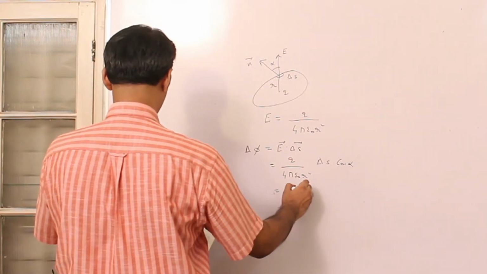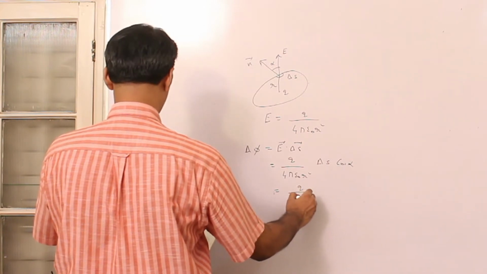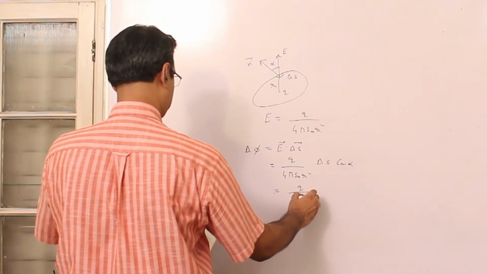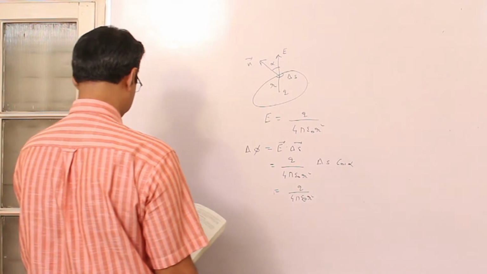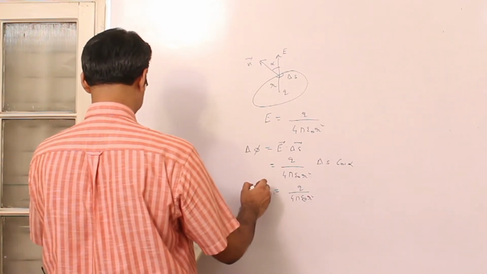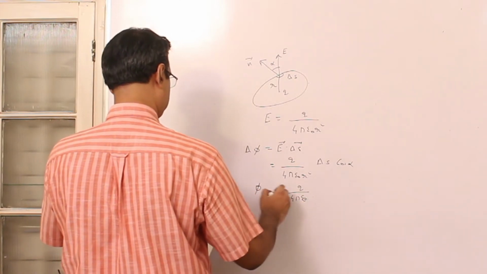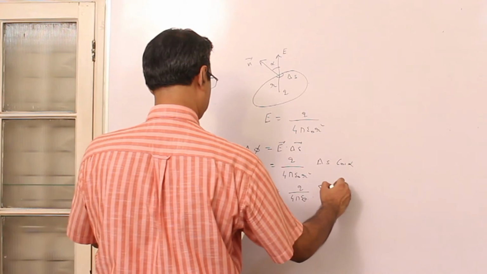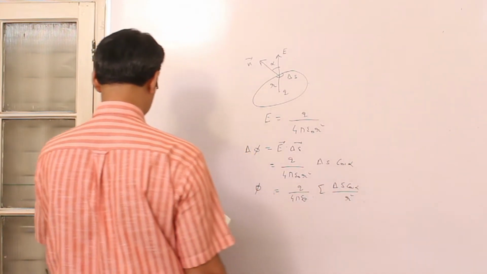Now if you want to find the total flux, then the total flux will be equal to Q by 4 pi epsilon naught into summation delta S cos alpha by r square.